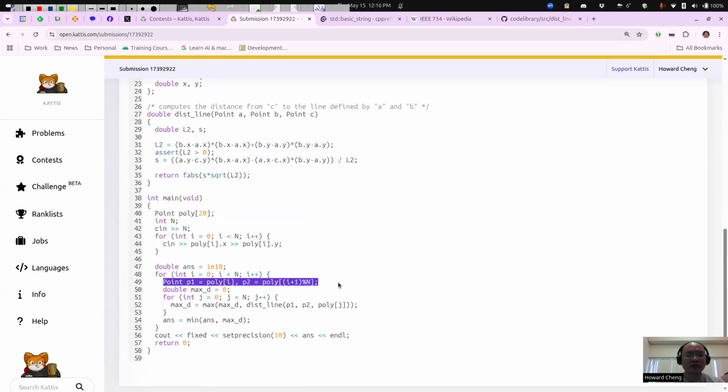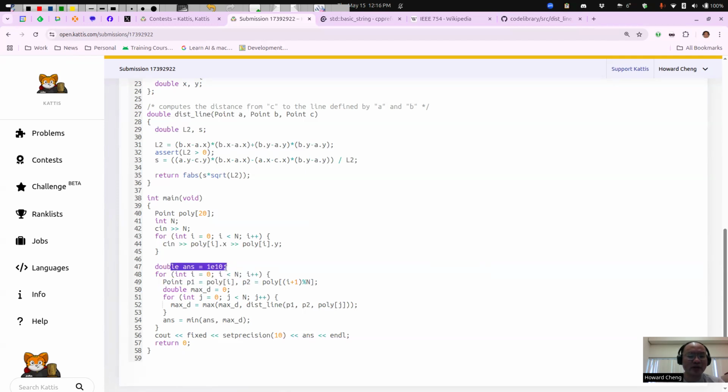And then for each of the boundaries that I checked, I compute the distance of that point to the line, and then I keep a running maximum because that's the furthest point I have based on that line, and that's as far as I have to go. But then once I manage to figure out what is the maximum I have over all these points, I want to keep a running minimum out of all the boundaries that I try.